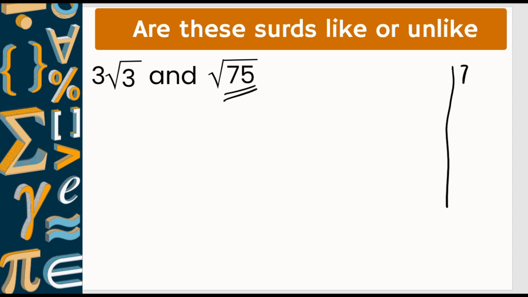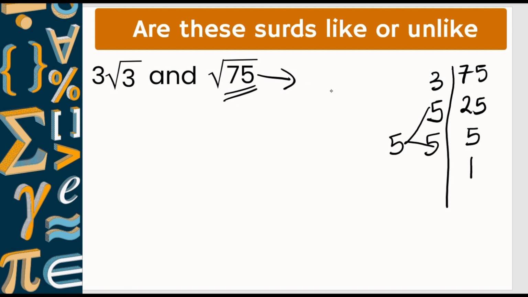Okay, let's do that. We have 75. 3 will divide to give me 25. 5 will divide to give me 5. And then 5 is 1. The next step is to group in twos, and then I have 5. Now remember that the general expression is the product of the group, then in square root, the product of the ungrouped. To know more about this, you can check our previous video on surds part 1.